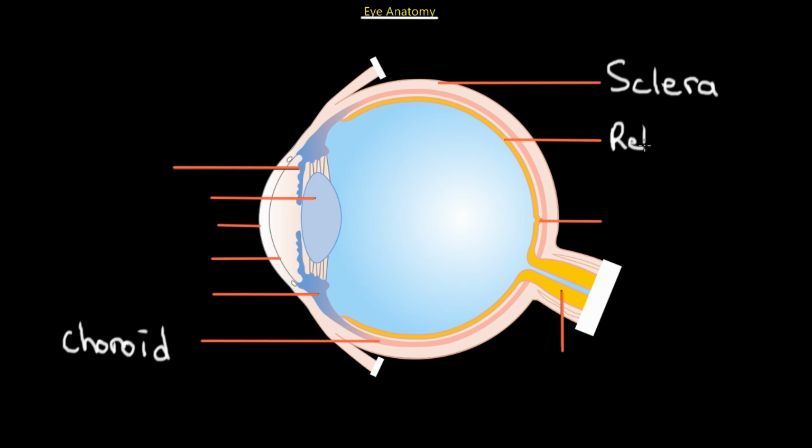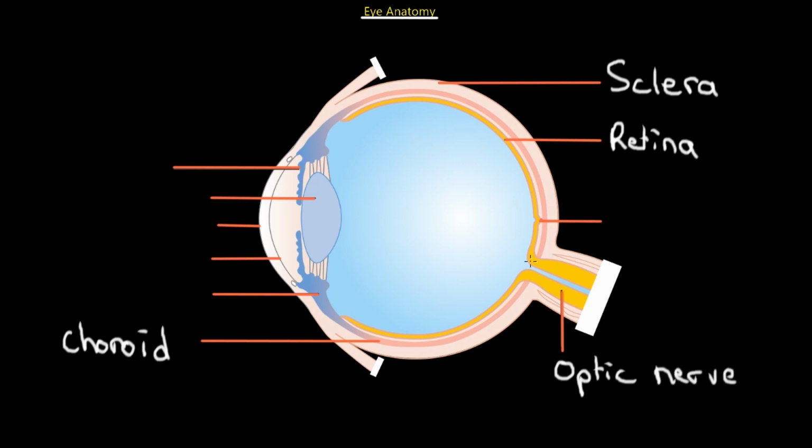And this is an important structure that contains rods and cones, which are cells that are able to sense the light that's coming in. They're able to take in the information from the light and transfer it over to the optic nerve. As you can see here, the retina has rods and cones, and it collects information, and it all ends up in the optic nerve.